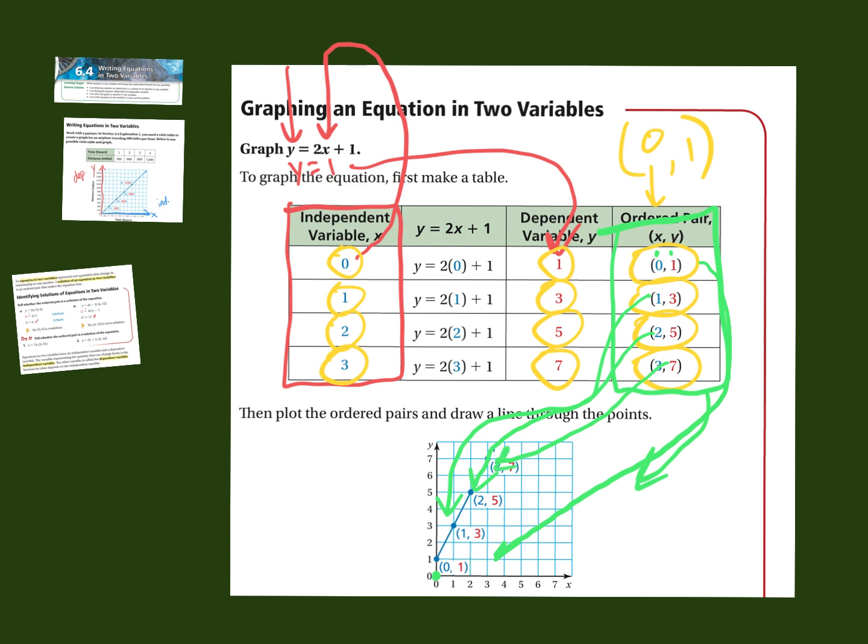All 4 points. And then we connect those points with a line, and that shows us the shape of this line. So all equations with 2 variables can become a line on a graph. Okay, and so we're just practicing plotting in points for our x values, getting our y values, creating an ordered pair, and then graphing.